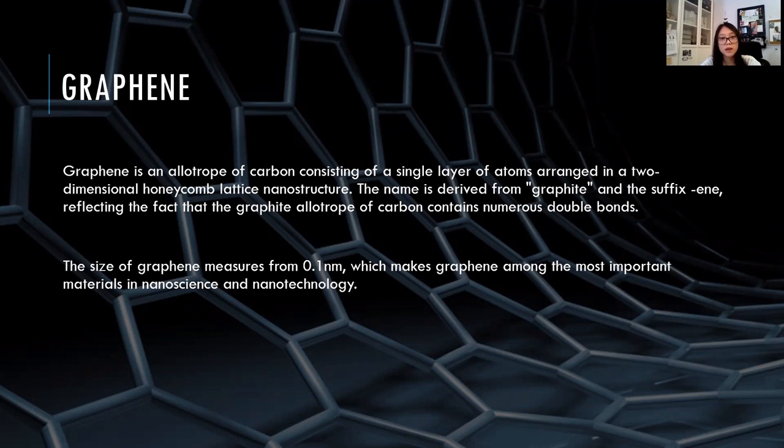The name is derived from graphite and the suffix "-ene", reflecting the fact that the graphite allotrope of carbon contains numerous double bonds. The size of graphene measures from 0.1 nanometer, which makes graphene among the most important materials in nanoscience and nanotechnology. Then Wenjing, what are the physical properties of graphene?